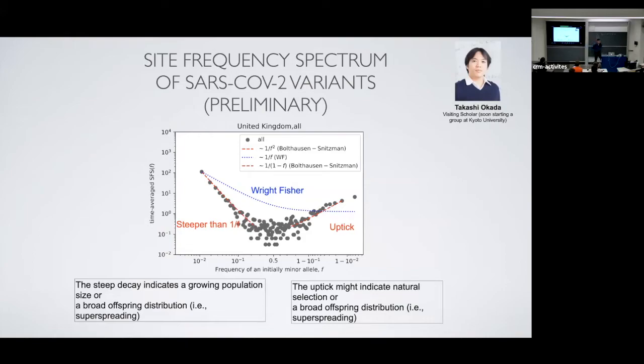In England there's a lot of data available, so you can plot a lot of different distributions, including the site frequency spectrum, which also shows an uptick here, which might be reflective of such a sampling bias and broad offspring distributions.